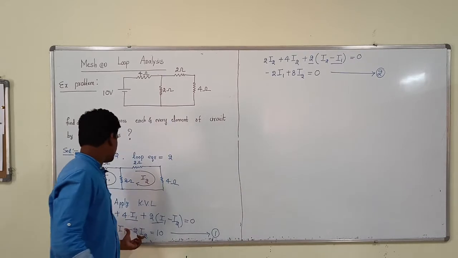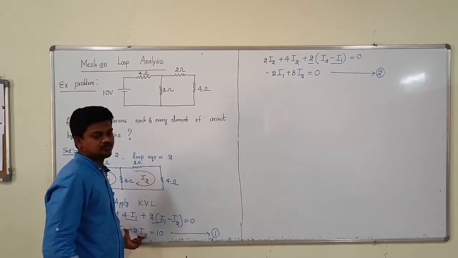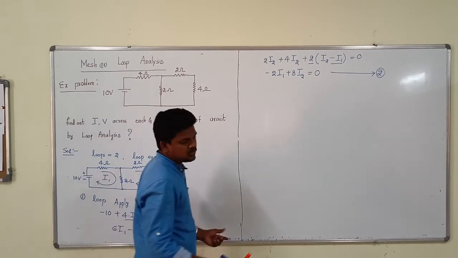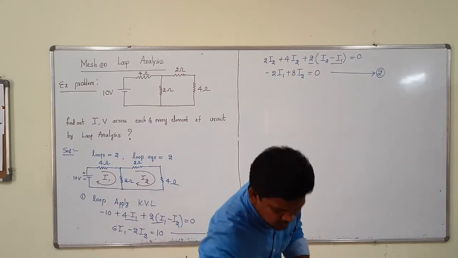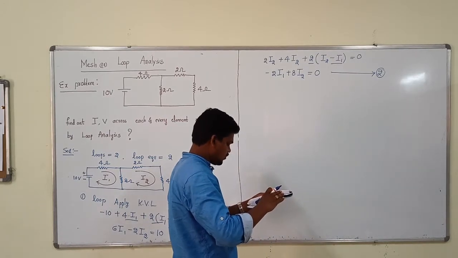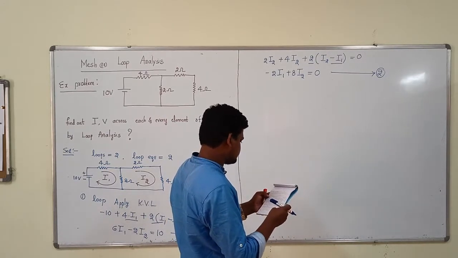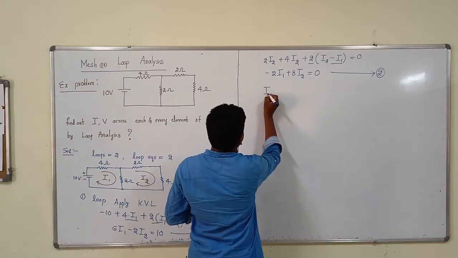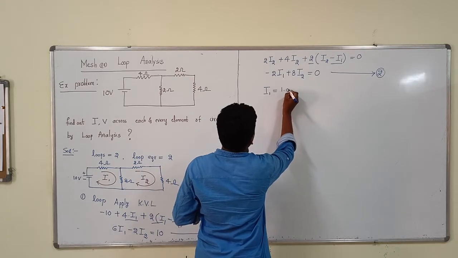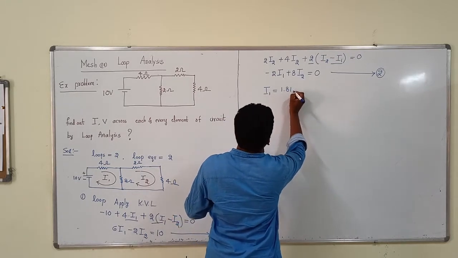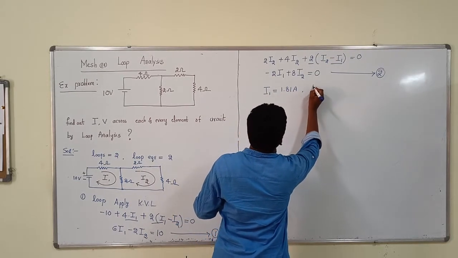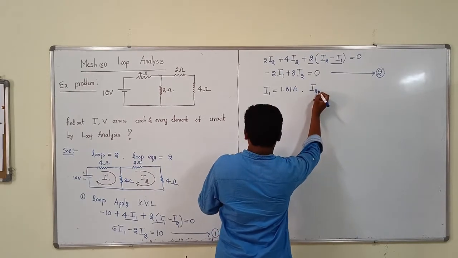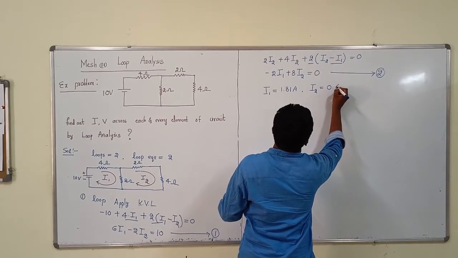We have two unknowns and two equations. Using a scientific calculator, by solving this we get I1 value as 1.81 amperes and I2 value as 0.45 amperes.